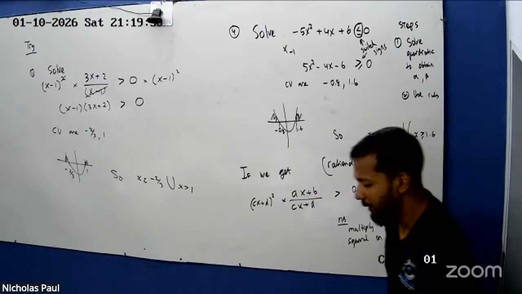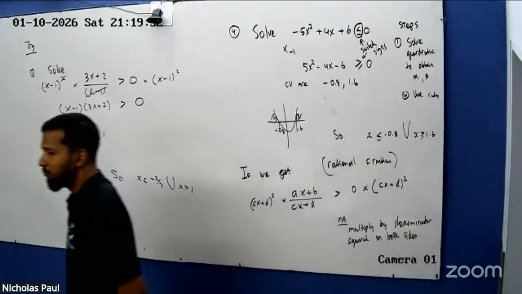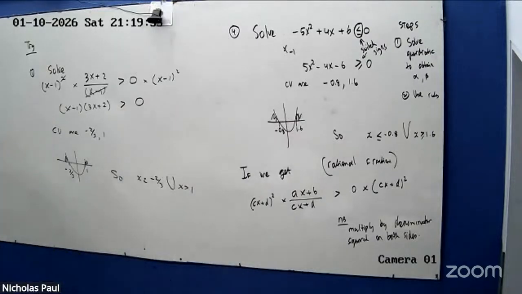Might have one thing that you don't know, the discriminant, b squared minus 4ac. If you don't know it, that's all right. Just let me see what you're going to guess.